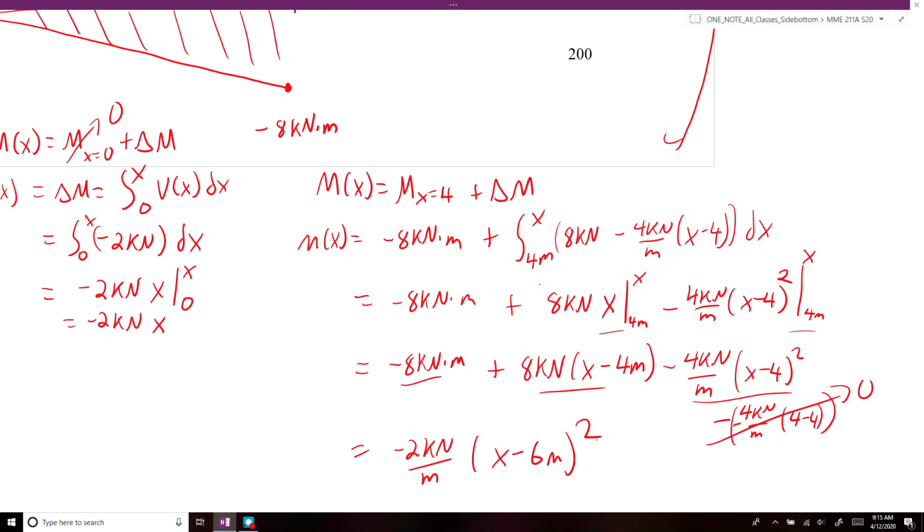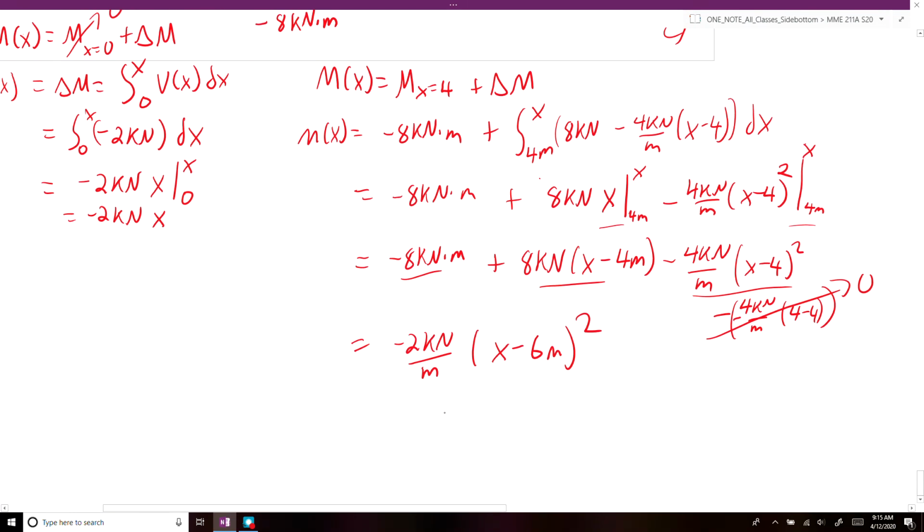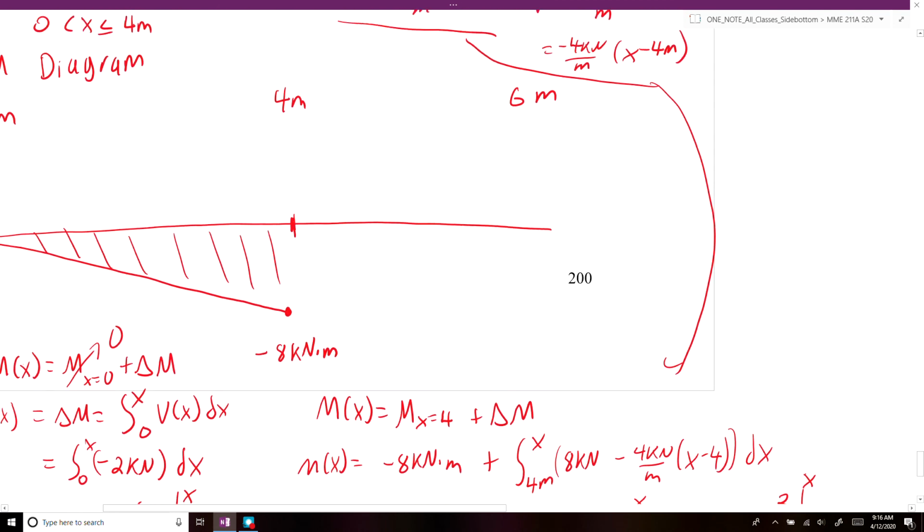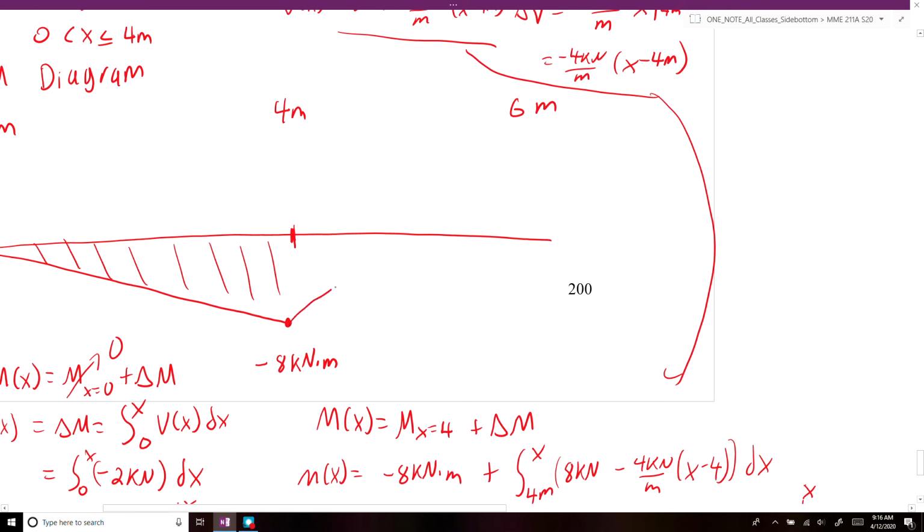If you plug in x equals 4, you would end up with minus 2 kilonewtons per meter times (minus 2 meters) squared. So you end up getting minus 8 kilonewton meters, which is good, that matches what we had on the other side. And then at x equals 6 meters, you would just get 0 kilonewton meters, which makes sense. The total applied couple moment in this situation should end up equaling 0 at the very end.